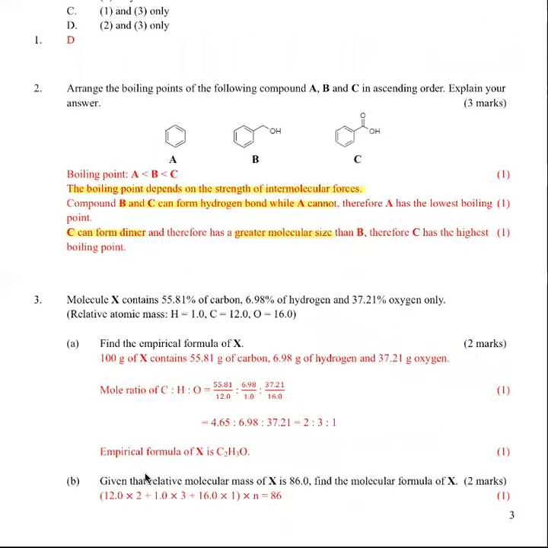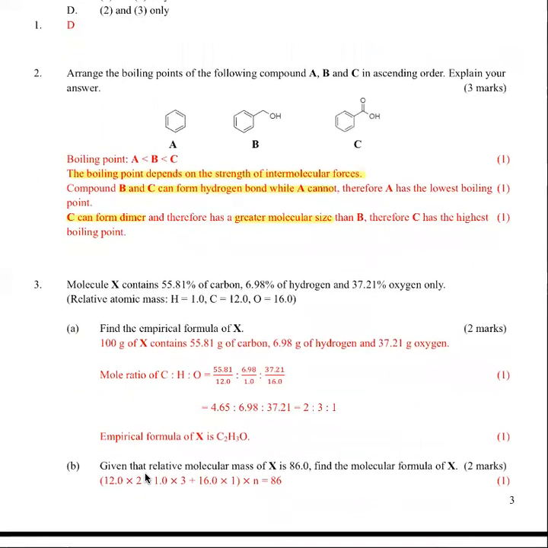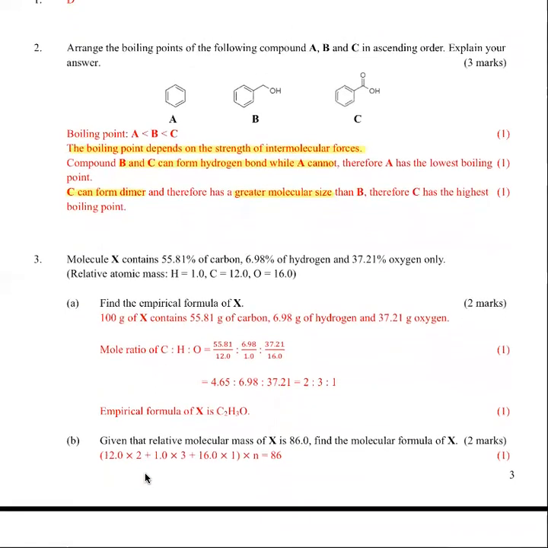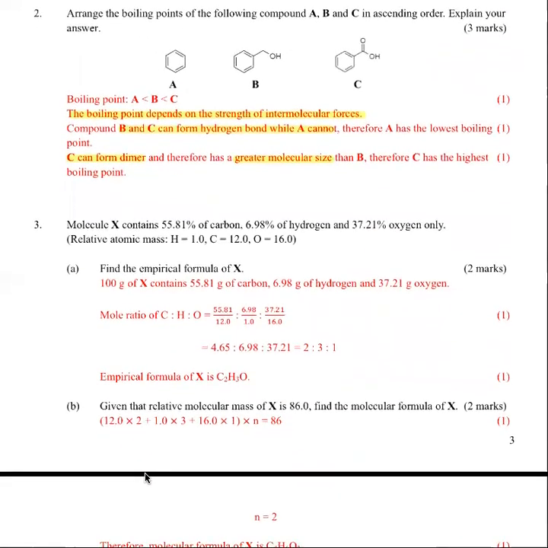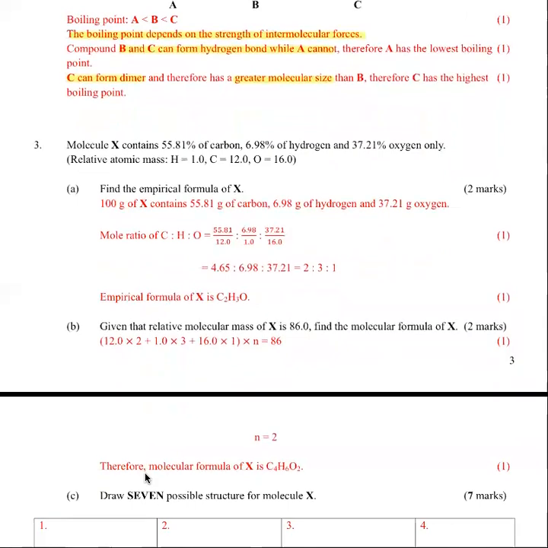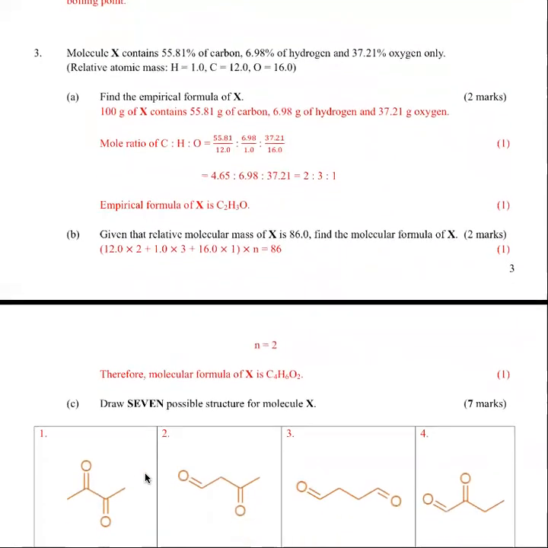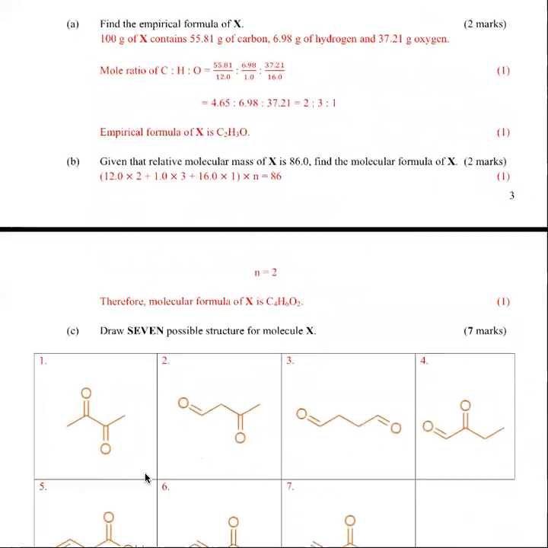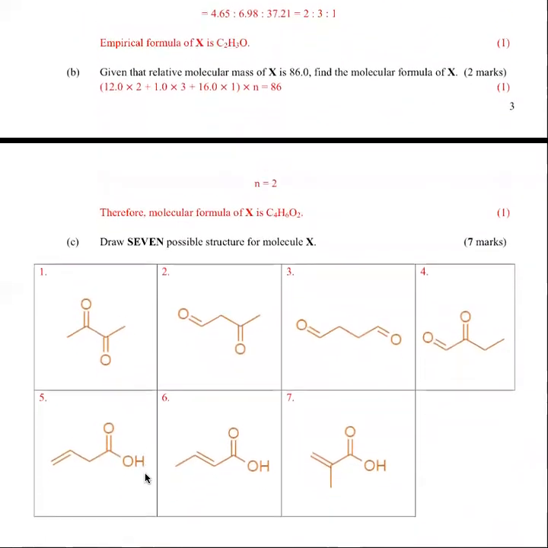Okay, and for question 3, pretty standard. You divide by atomic number or molar mass, and then you work out the ratio, work out the empirical formula, and from the empirical formula, it's easy to get the molecular formula. I saw no problem with this one. And the last part, the 7 possible structures for that molecule.